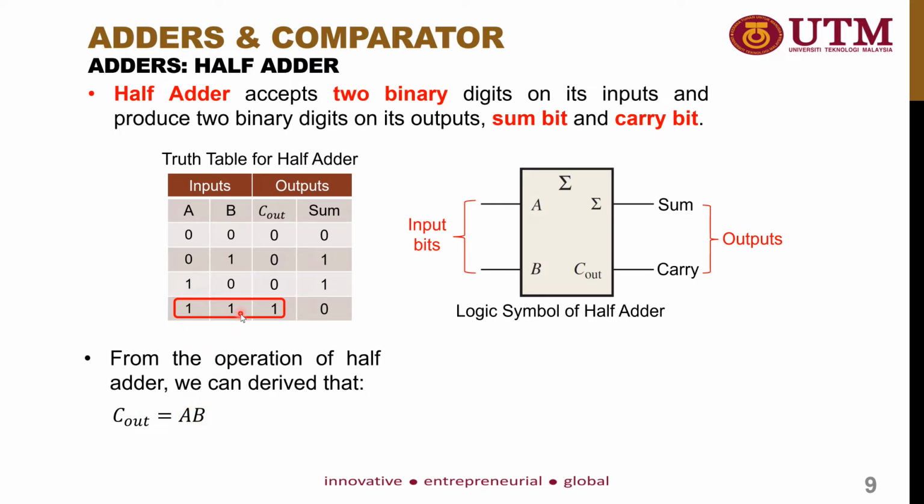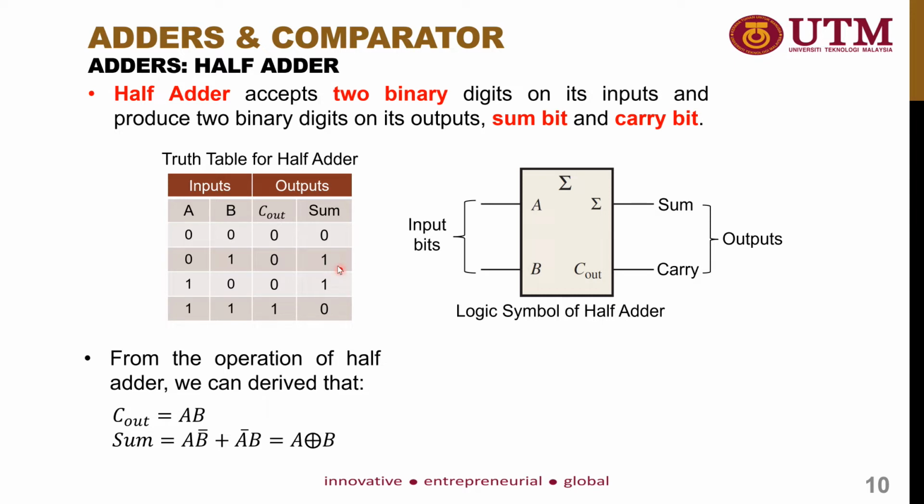Okay, next we will figure out the equation of the sum. Sum will be equal to A B bar plus A bar B, which is the XOR operation. To get this expression, we use the same procedure, observing the situations when the sum is equal to 1.